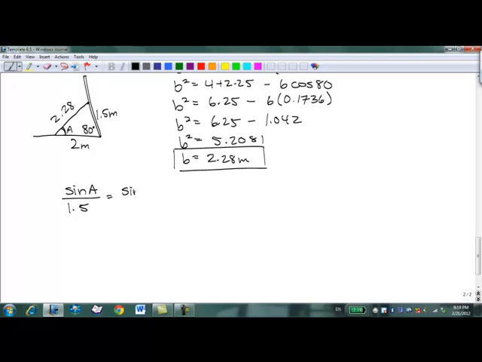And we'll use sine of 80 over 2.28. So therefore sine of A equals 1.5 sine 80 over 2.28.